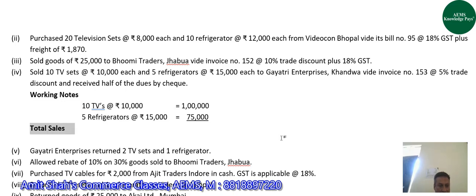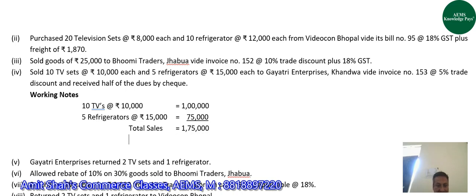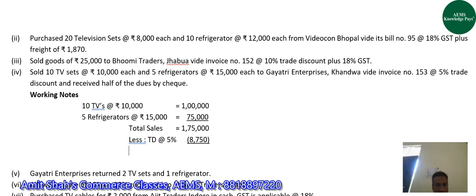So our total sales or gross sales is 1,75,000, less trade discount at the rate of 5%. That is 8,750. So net sales here is 1,66,250.